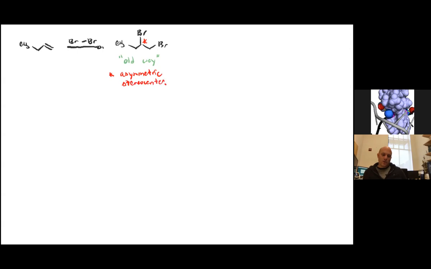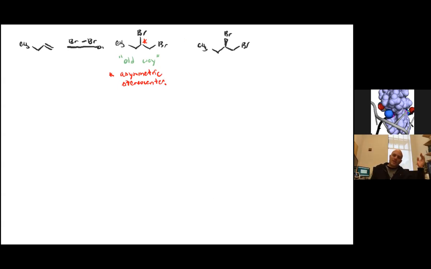Okay, and so in fact, the more comprehensive way to draw this is to draw stereochemistry. Let me get rid of that equivalent sign because that's not really what I want to say.